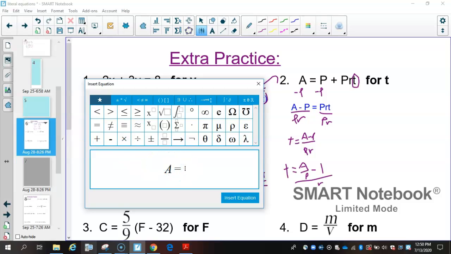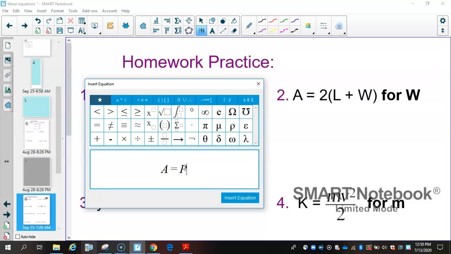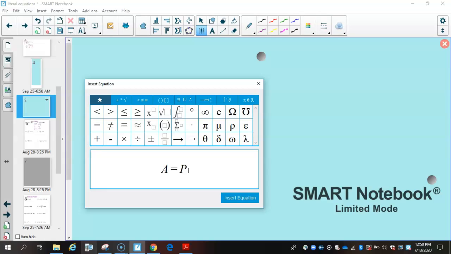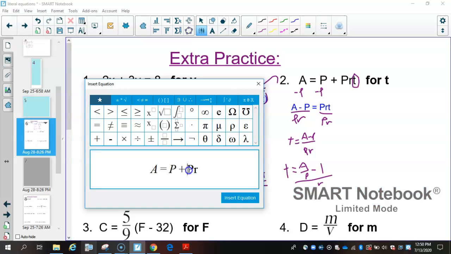Okay, a equals p plus pr, and then t equals a minus p all over pr.